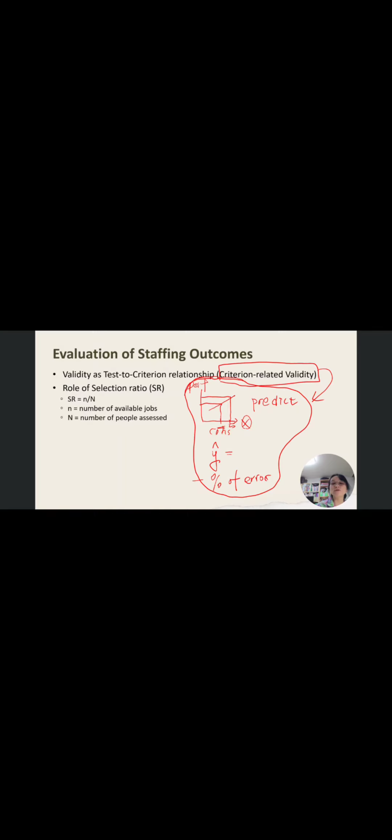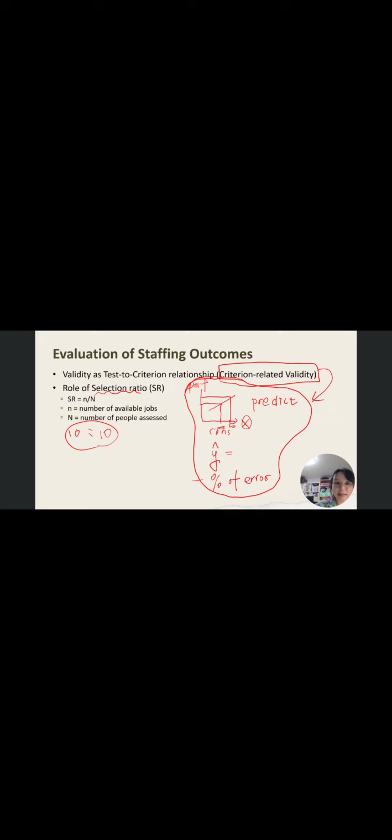Do we need to do all these things for all different occasions as long as we select people? No, not really. The utility of a selection procedure depends on the selection ratio. If the number of available jobs is 10 and the number of people applying for the job is 10, then everyone is going to get a job.